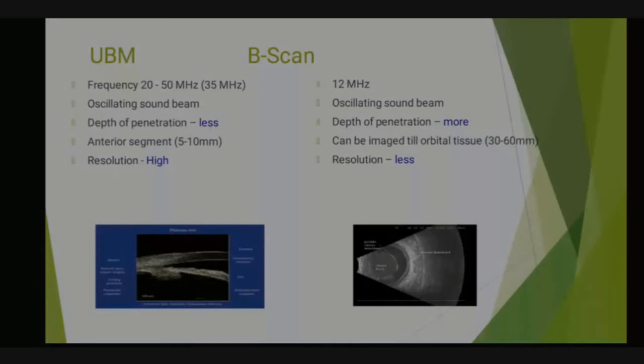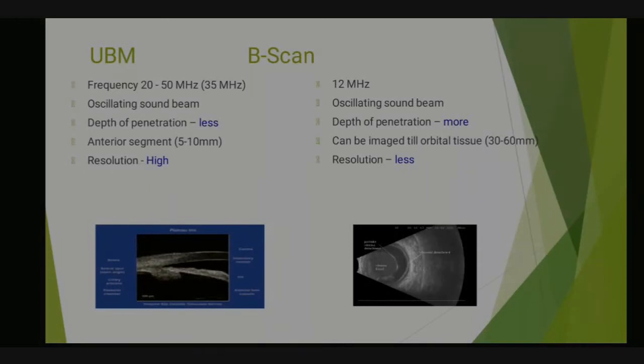Both provide oscillating sound waves only. The depth of penetration is less in UBM, which is very much required because we are going to scan only the anterior segment, which is around 5 to 10 millimeters only, and the penetration is more in B-scan, which reaches up to the orbital tissue.